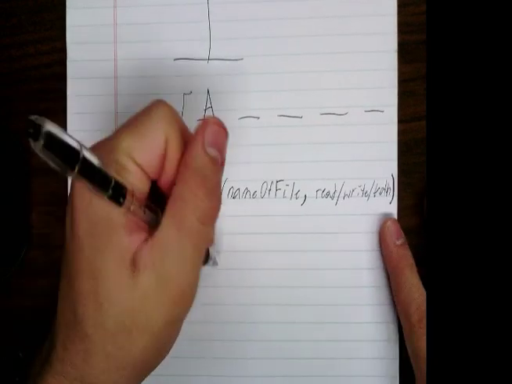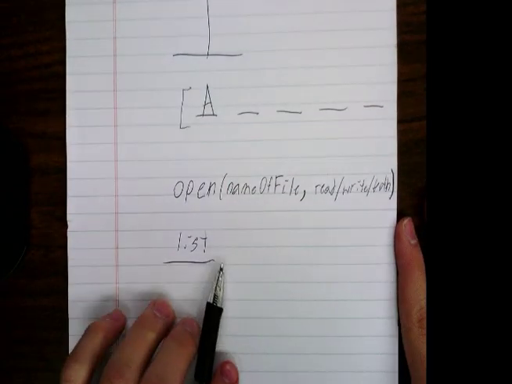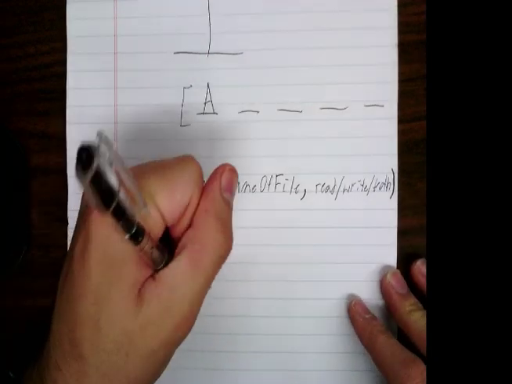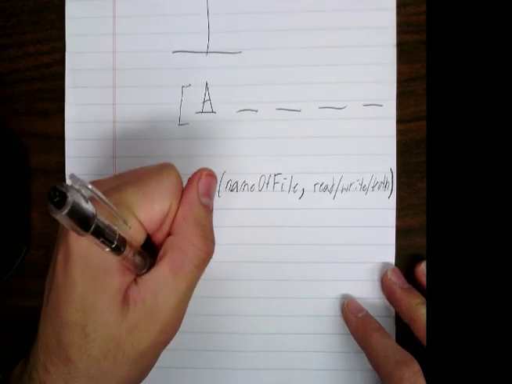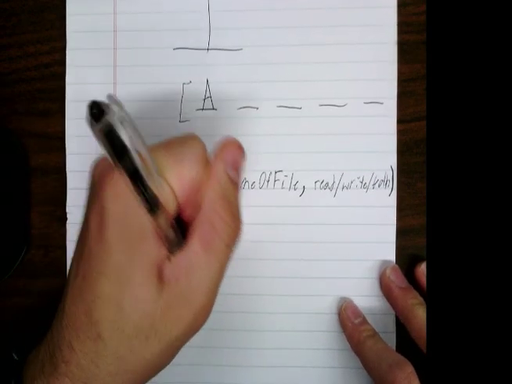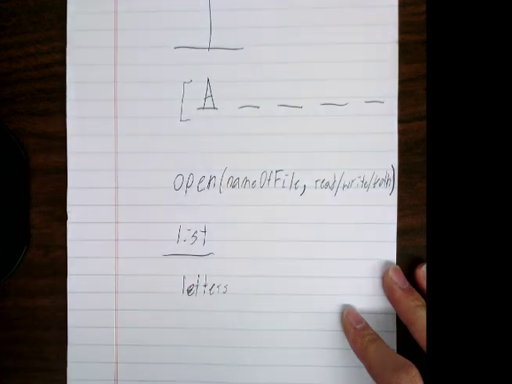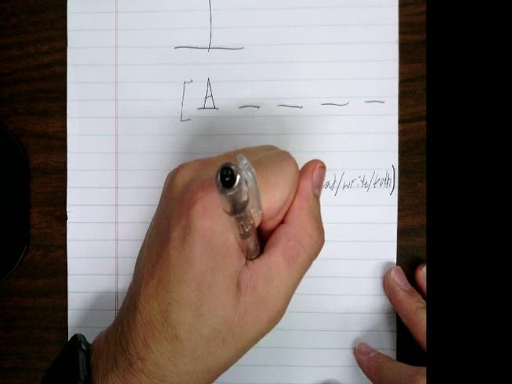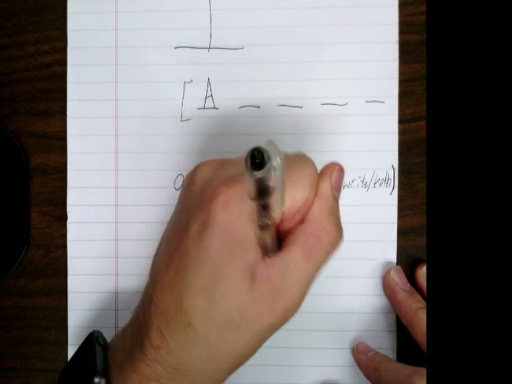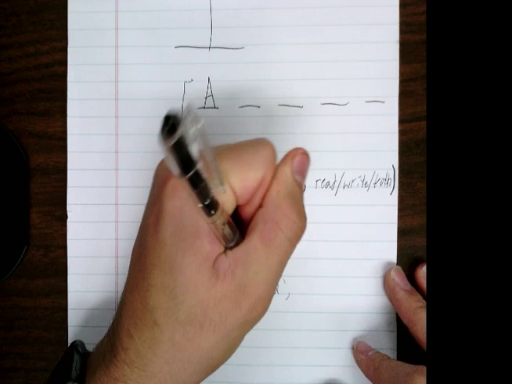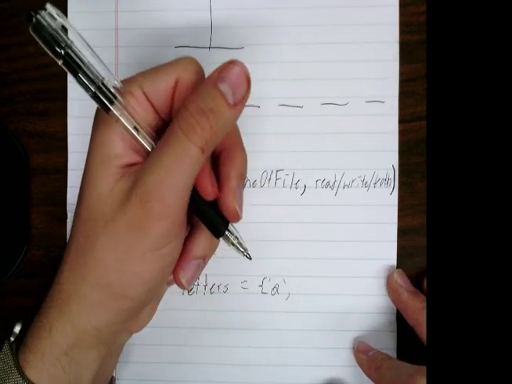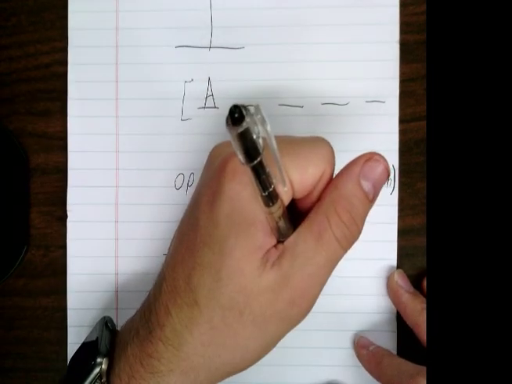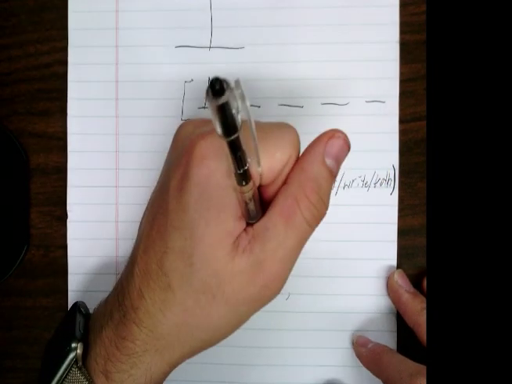A list is just like a list of information. So I'm going to create a list named letters, and then it's equal to, and I'll denote it with curly brackets, and since this is text, it'll have to have the quotes around it, or the, what are these called?